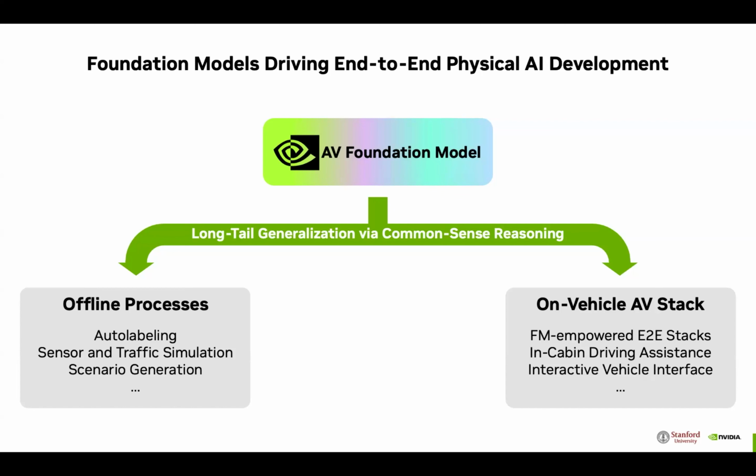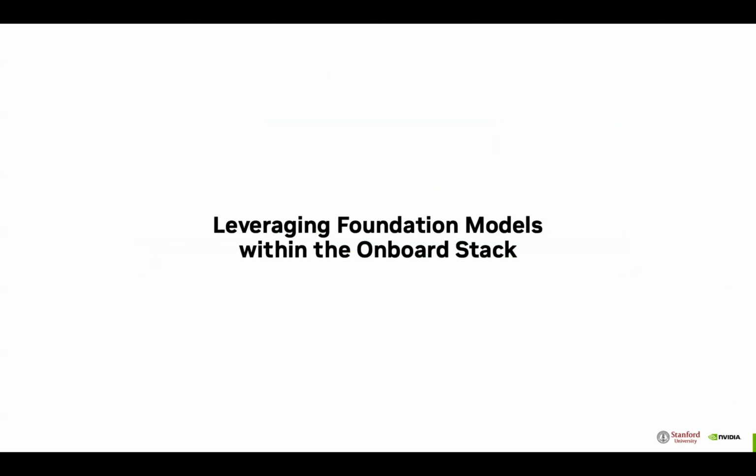So in the rest of this talk, I'll discuss how we can leverage foundation models to boost the performance of the onboard stack. So actually, I'll be focusing on the right branch. And then I will discuss tools and techniques that can help us make a safety case about the deployment of these advanced AI systems in safety-critical contexts such as autonomous driving.